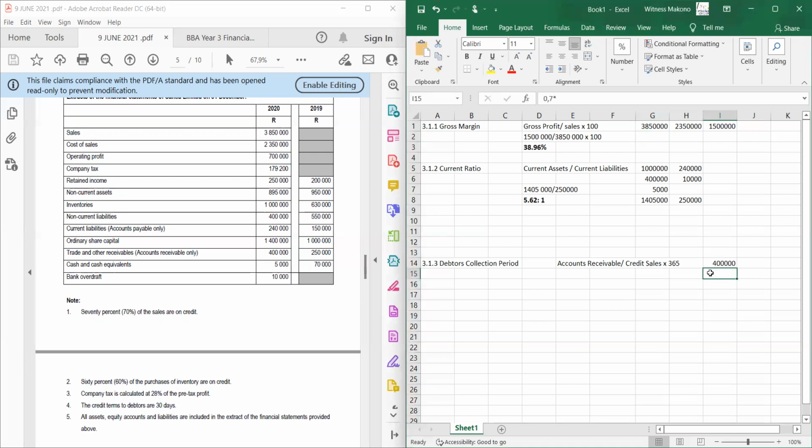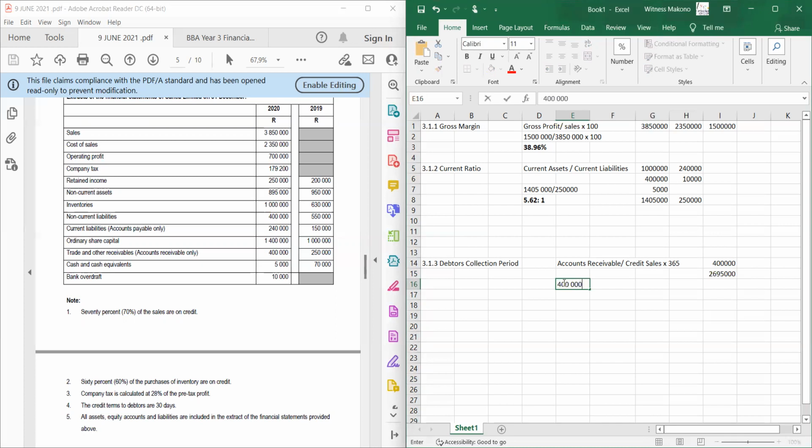Let me delete and say equals 0.7 times the sales, so that I can find credit sales. There it is.